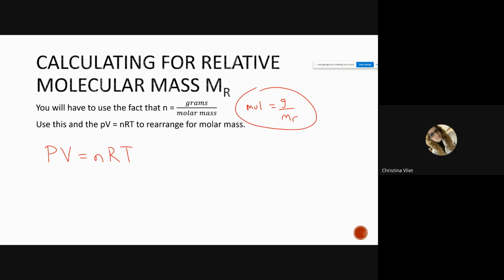Ring a bell? So if you like math, you should write what I'm writing. In order to solve for MR, remember that moles is the same thing as N. So where you see moles in the general gas equation, you can replace it with G divided by MR. Are you following me so far?